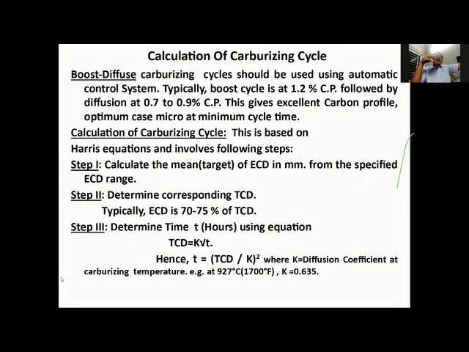So you have the diffusion coefficient, which can be calculated by different means, but the ready data is available in most of the handbooks and various literature, so we can use it. For example, at 927 or 925, you'll have a K equal to 0.635. What it means is, in 1 hour, it will achieve a total case depth of 0.635 millimeter. Next, please.